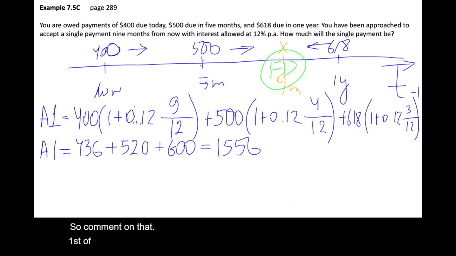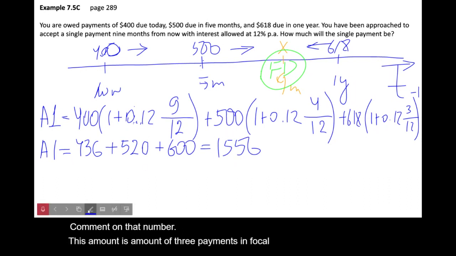First of all, confirm my number. Comment on that number. This amount is amount of 3 payments in focal date.